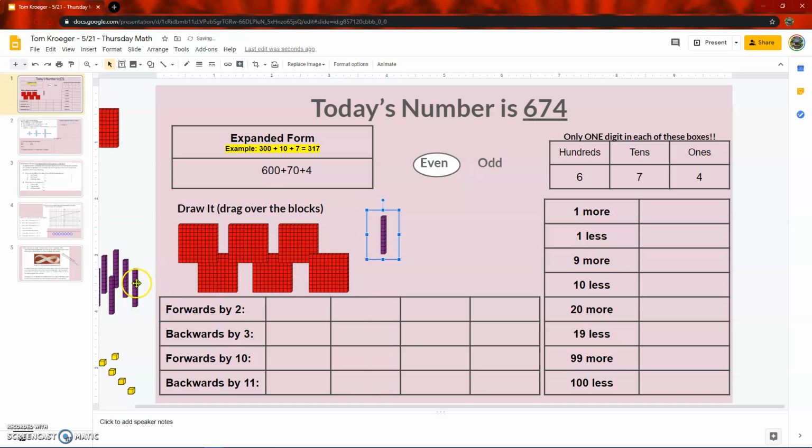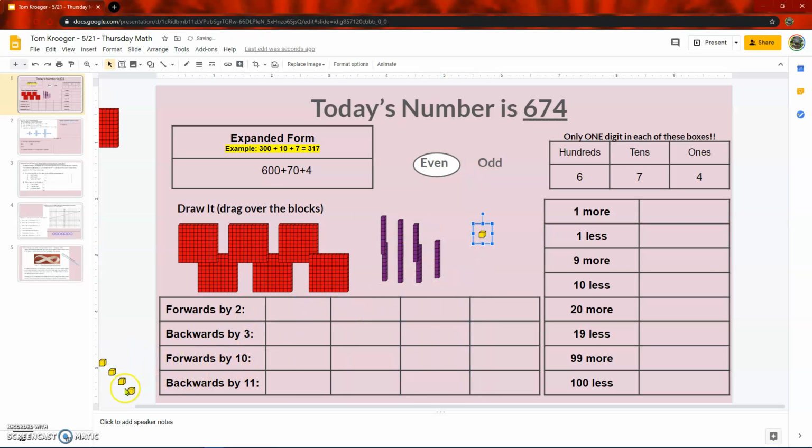We're going to pull 7 tens over here. 2, 3, 4, 5, 6. Got some missing over here. 7. Okay. And then 4 ones.